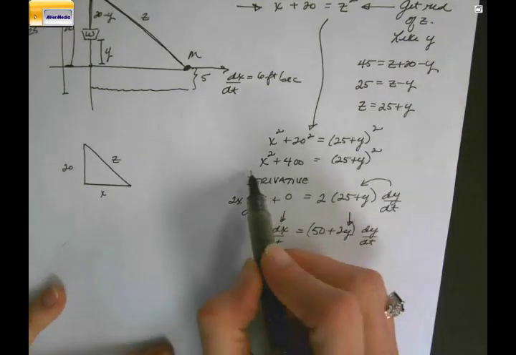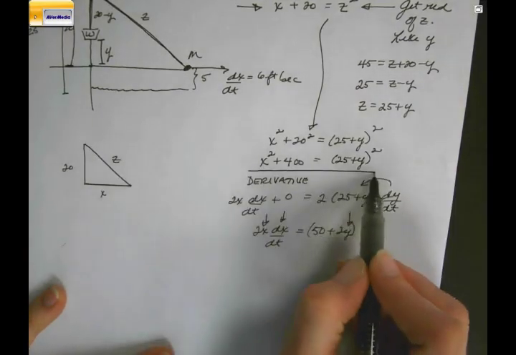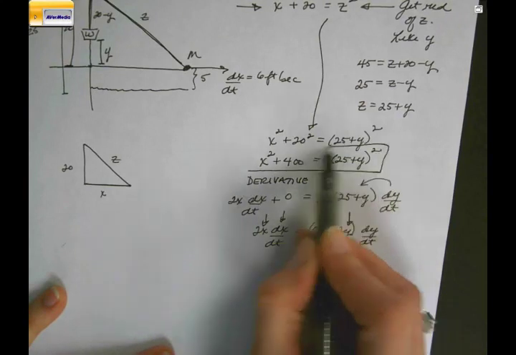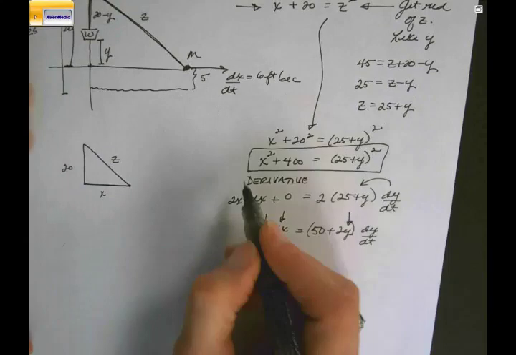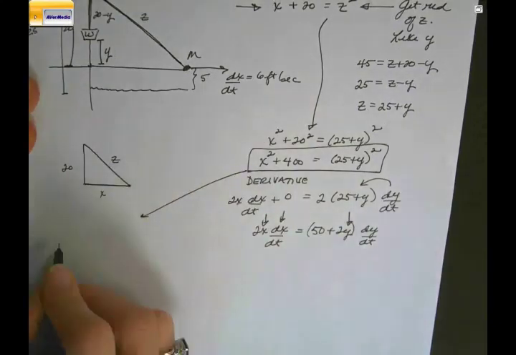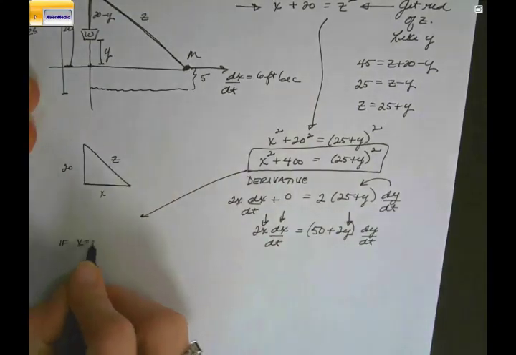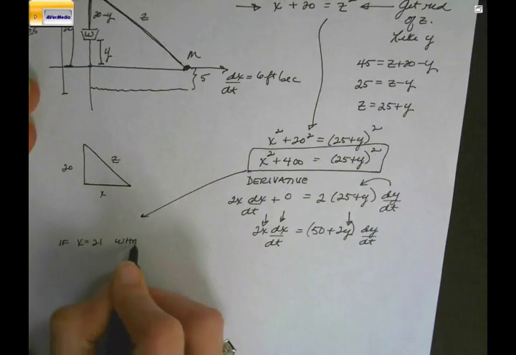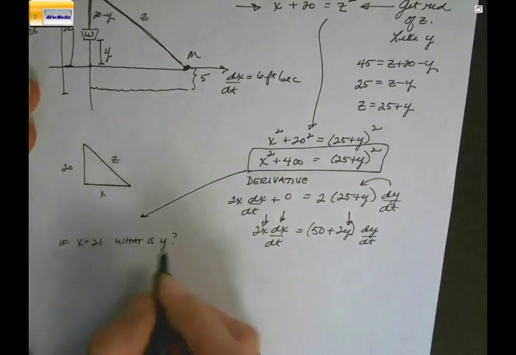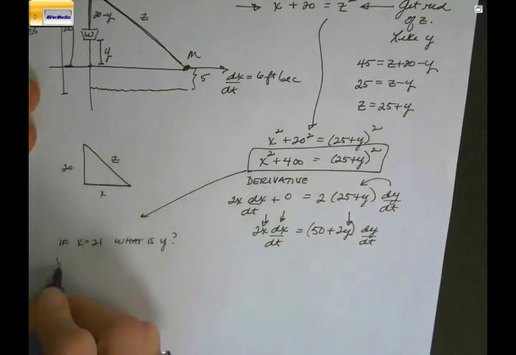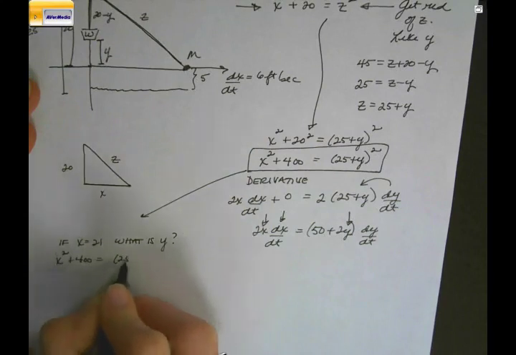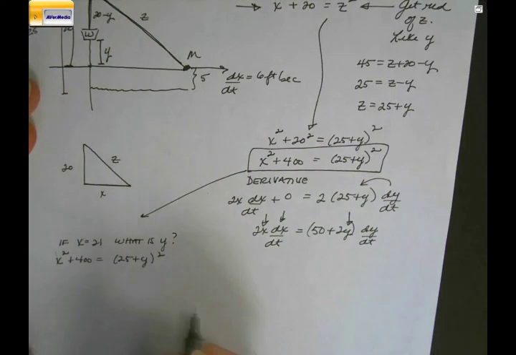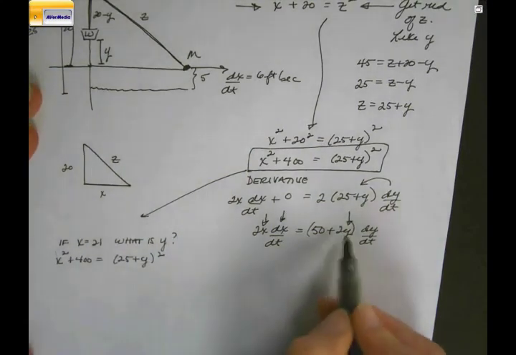How about this one right here? We know x because x is 21, right? So if x equals 21, what must y be? There you go. You have x squared plus 400 equaling 25 plus y squared, because that's the thing we're missing.